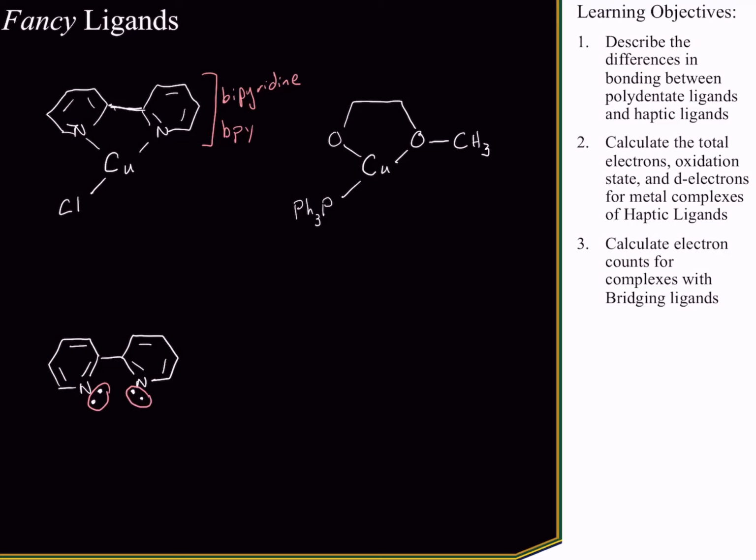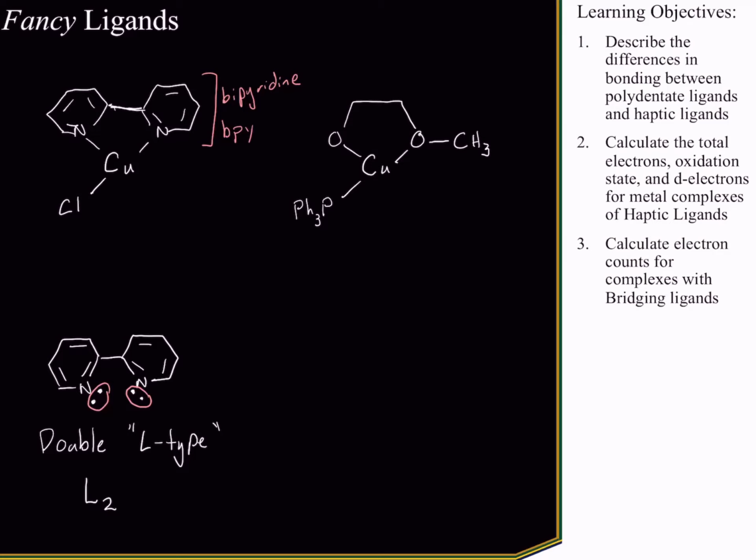So we could think of this particular ligand as being a double L type ligand. We could abbreviate this ligand as an L2 style ligand because there are two different bonding sites that look like L type ligands.